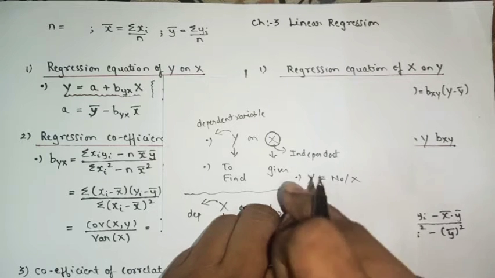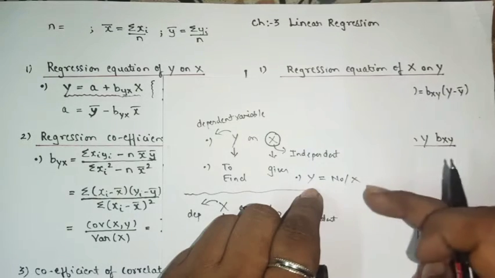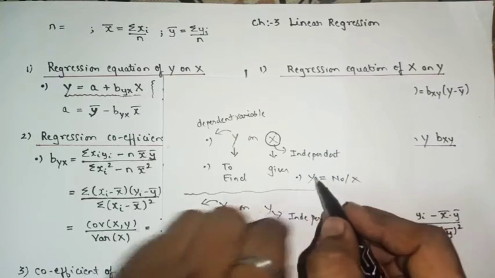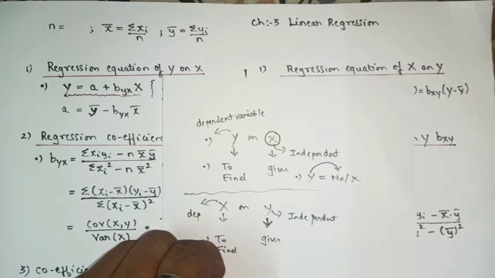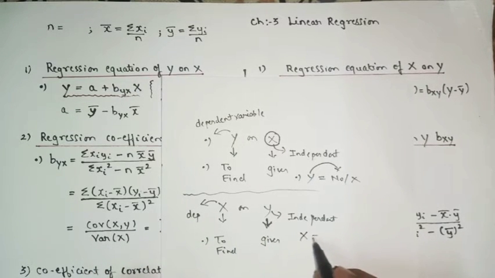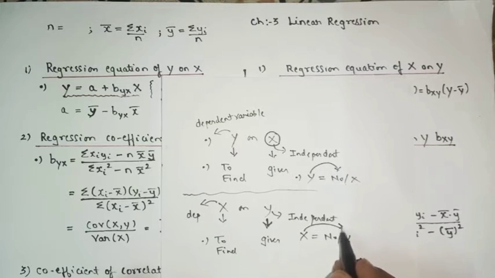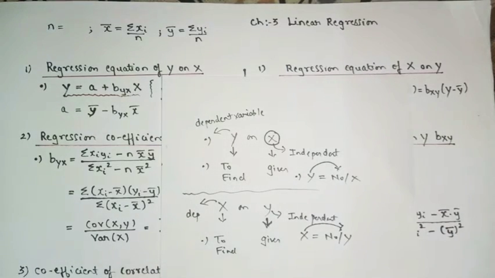So this is known as y on x. X on y means what? X will be on the left hand side and the numbers and this y will be on the right hand side. So this is known as x on y. So there are 2-3 ways in which you can remember y on x and x on y.